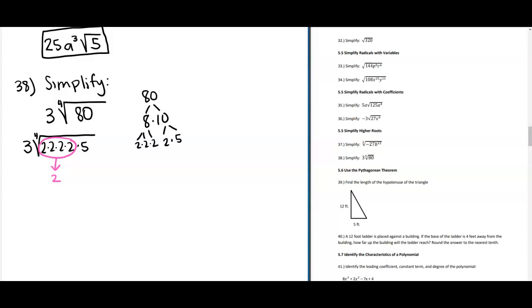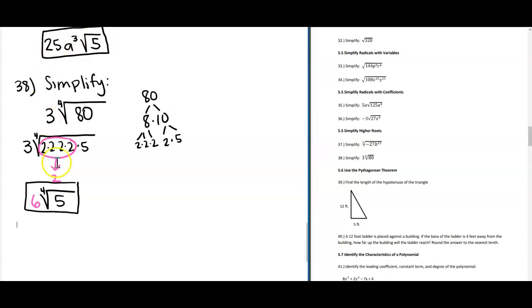When 2 comes out, remember it's multiplied by the number that's already out there. So we're going to have 3 times 2 is 6 on the outside, and then the fourth root of just 5. That's what's left in there. So 6 fourth root of 5 would be your answer on that one.